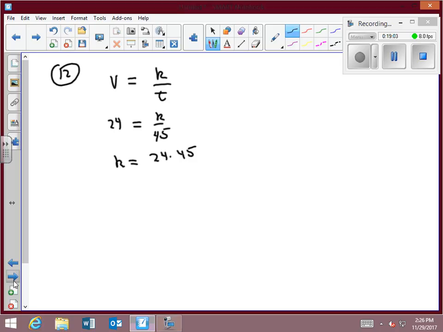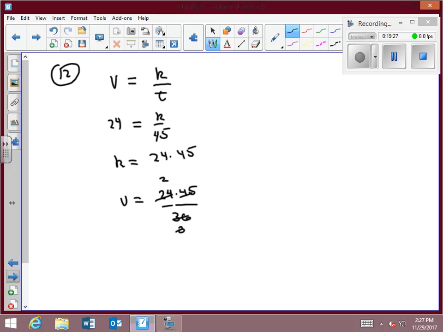Now it says what is the velocity? Constant of proportionality is 24 times 45, when the teeth are 36, right? I think 12 goes into there twice, 3 times there, right?